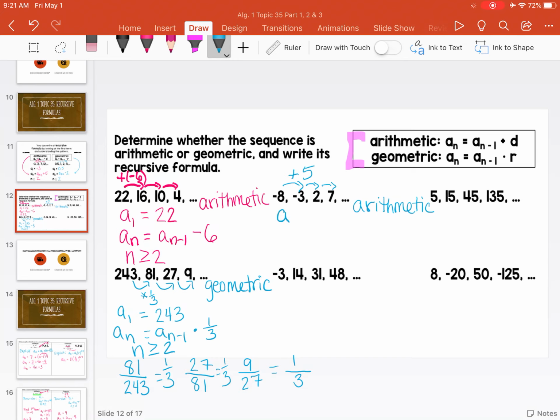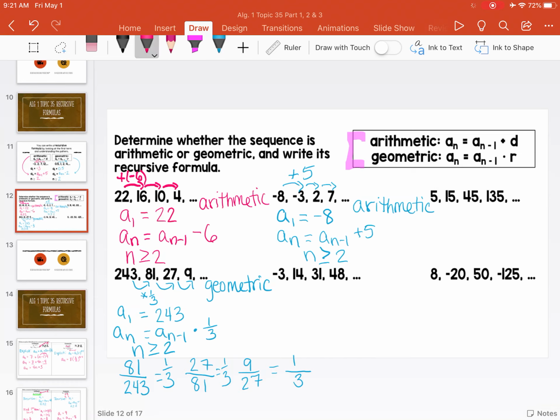I start with -8. In order to determine my pattern here, the term that I want, I need to take the previous term and add 5 to it, and this works for finding the second term and up.